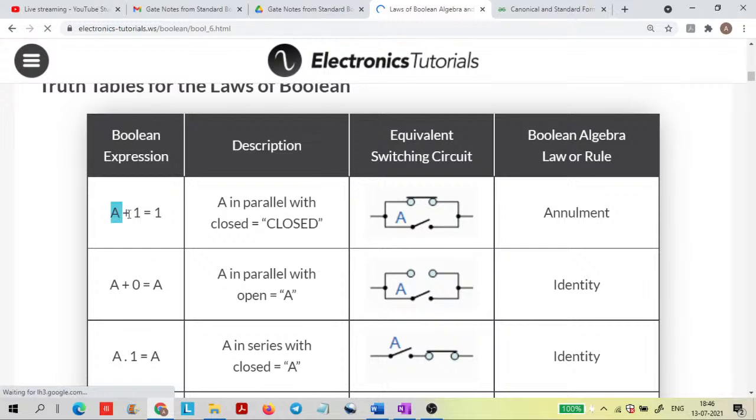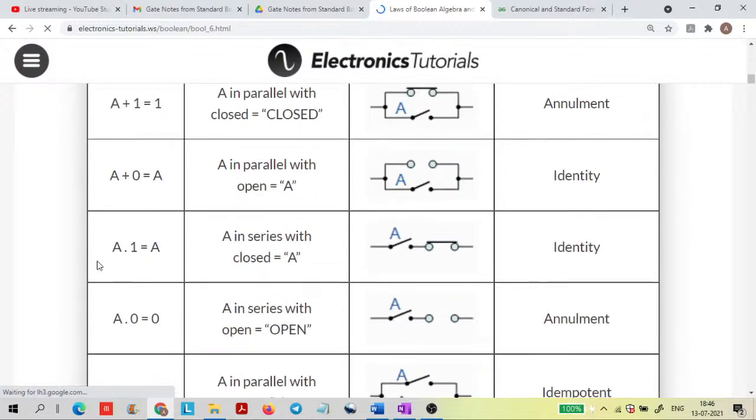1 plus A is 1, meaning any variable plus 1 is 1. That is the annulment law. Any variable plus 0 is the variable itself, so A plus 0 is A, the identity law.